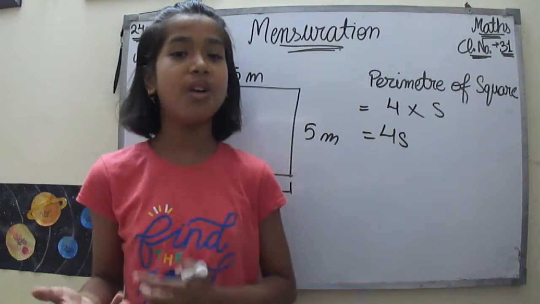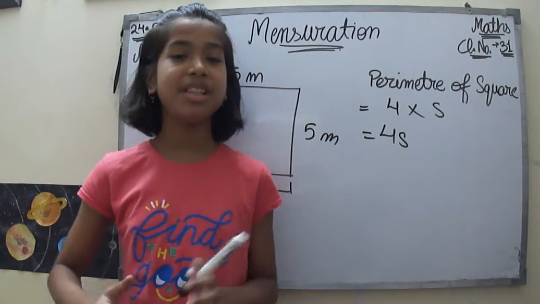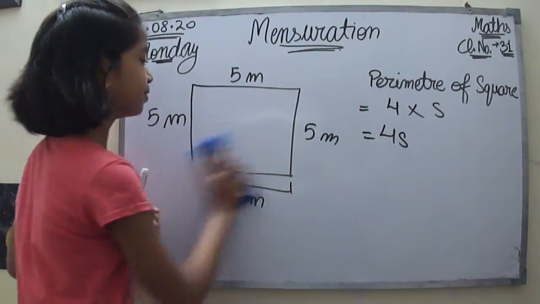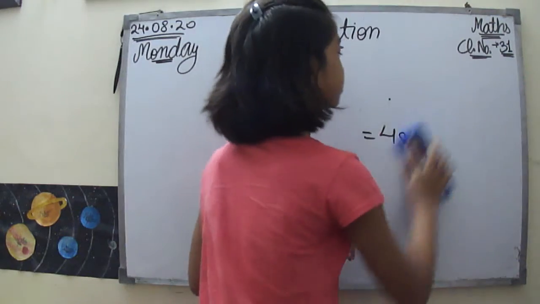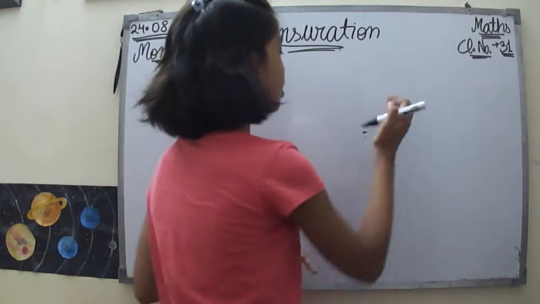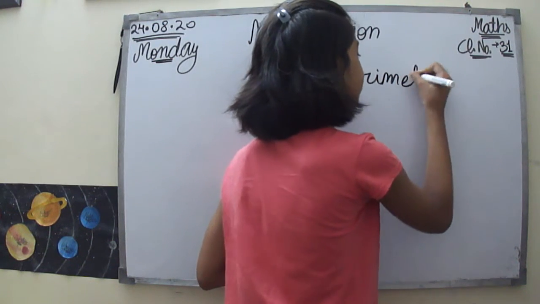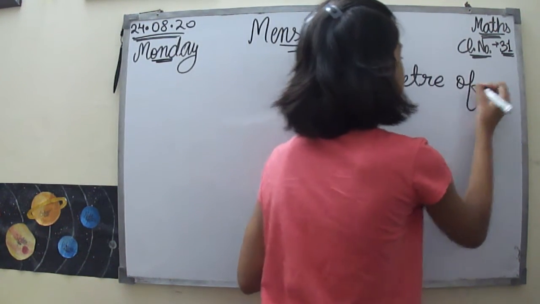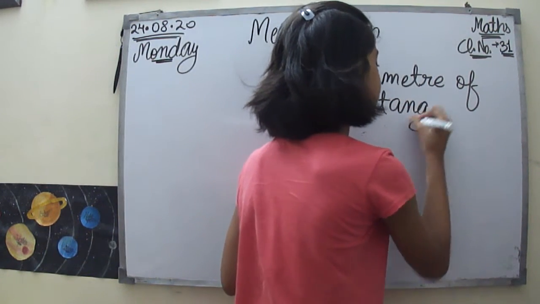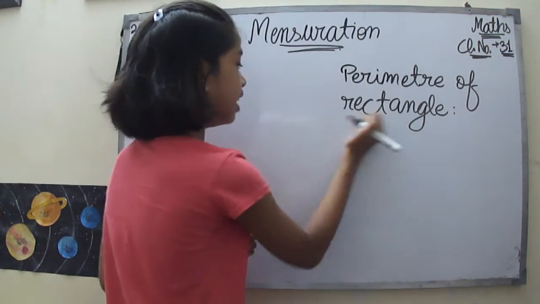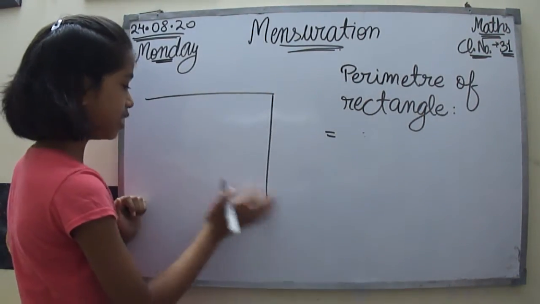Now let's move on to the rectangle and let's see how to calculate the perimeter of a rectangle. So the perimeter of a rectangle is, so now let's take a rectangle here to understand this.